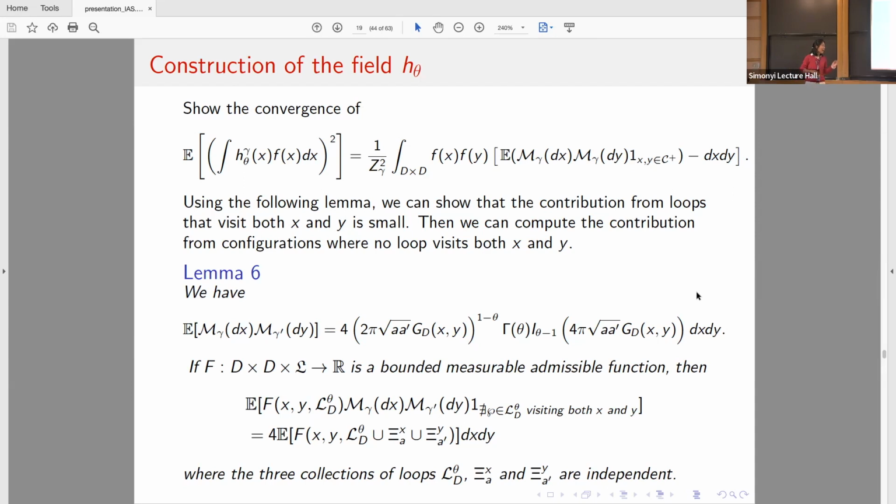Which amounts to adding some independent sets of loops rooted at x and y to that loop soup. So with this kind of lemmas, we are able to show that in this integral on the top, the contribution from loops that visit both x and y is small. Most of the contribution comes from clusters that visit both x and y, but not single loops.